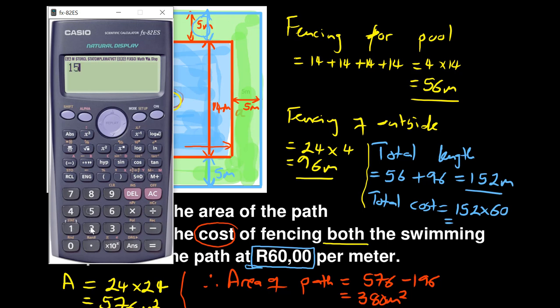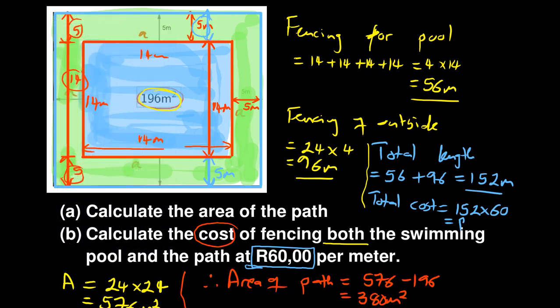152 times 60 is 9,120. So remember, this is money now. It will cost me 9,120.00 rand. So this is the money that I'm going to pay to make sure that both the swimming pool is fenced as well as the outside of the swimming pool is fenced.